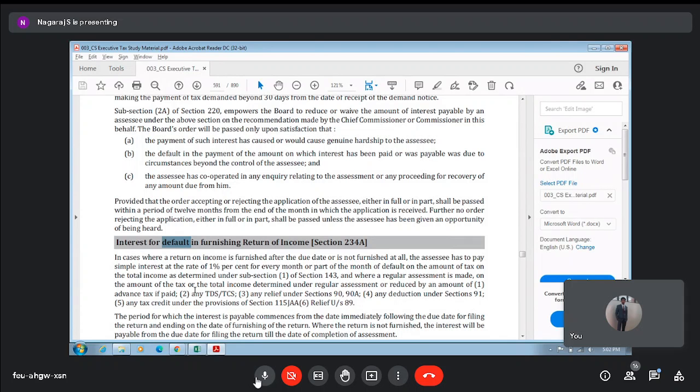Assume the due date is 31st July and you filed on 2nd December. Leave July, calculate from August: August, September, October, November, December. That is 5 months, 1% into 5, so 5% of your tax payable is the interest you will have to pay.